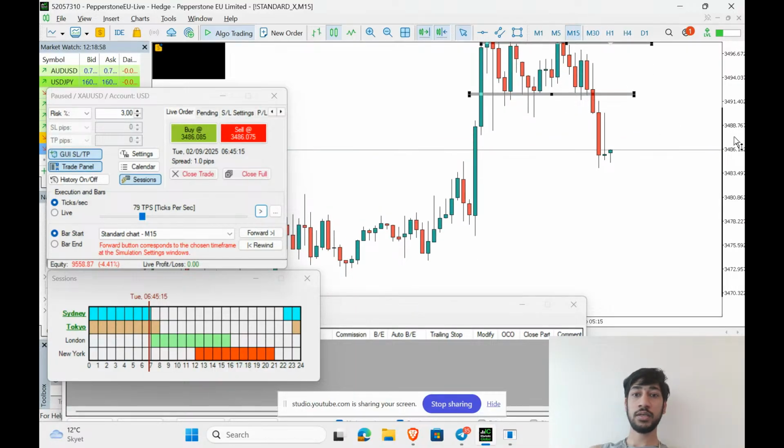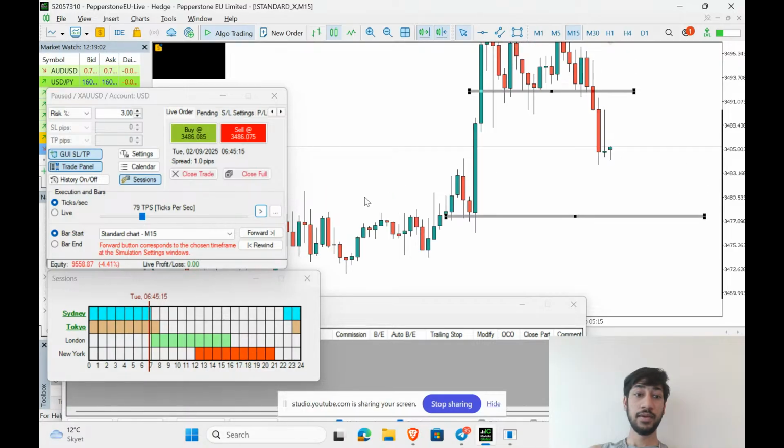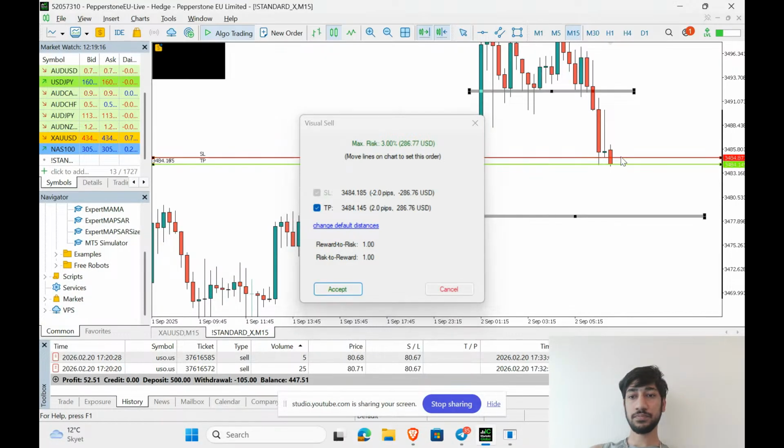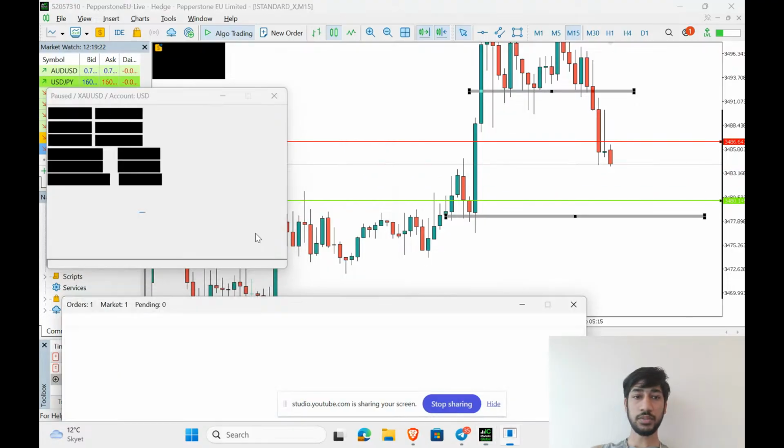M15 we wick up, and if we break below the low, very high probability to move down. Just like that. Maybe 1 to 1.6.